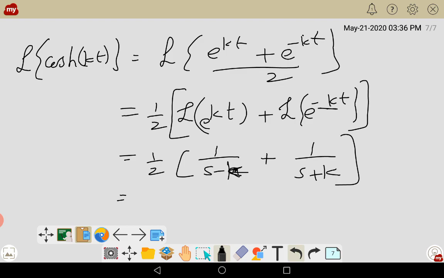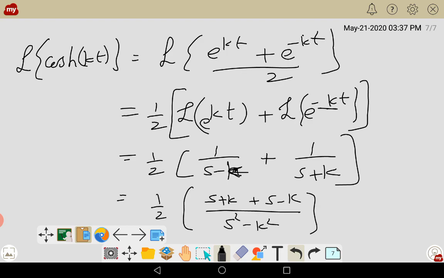Now the 1 by 2 is outside. Take the LCM: s plus k plus s minus k divided by (s plus k)(s minus k), which is s square minus k square. The k will be cancelled, 2s will be there, and the 2 will be cancelled. You get s over s square minus k square.